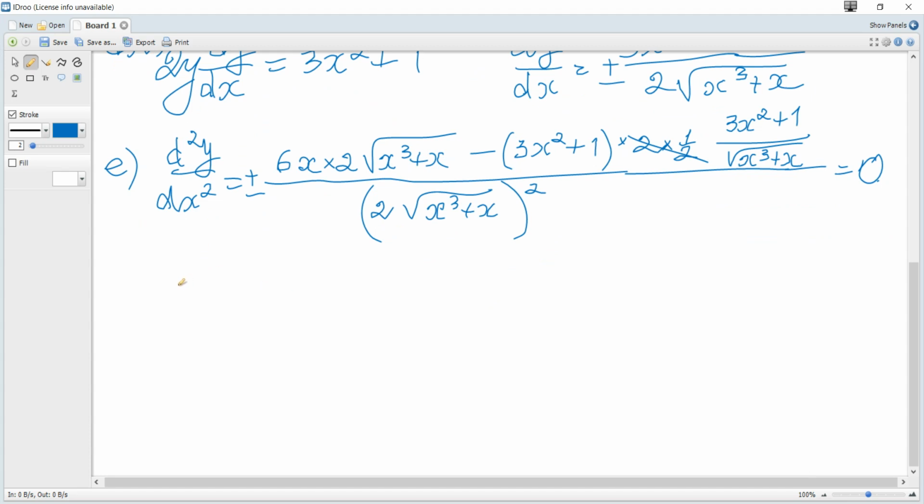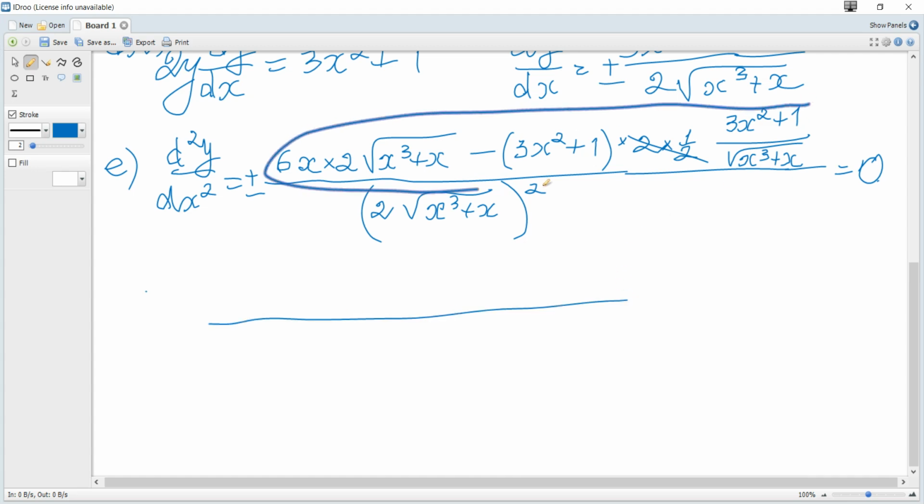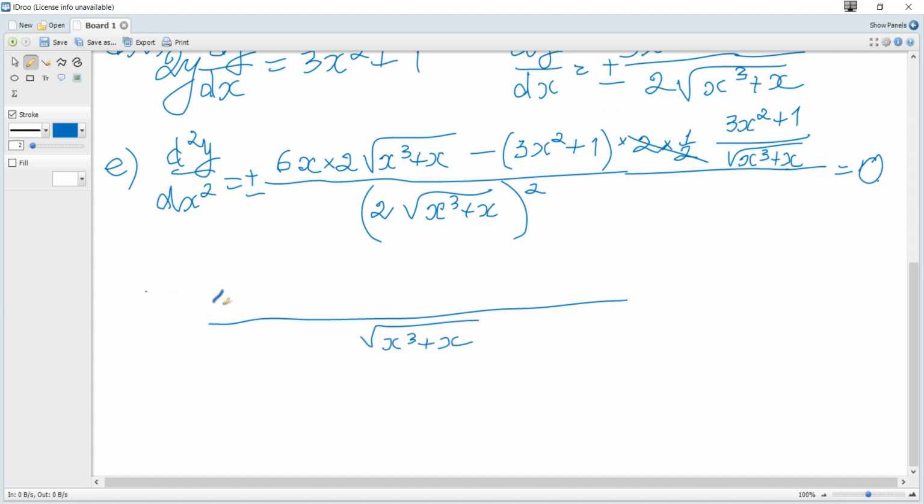to be equal to 0. We can make a common denominator of this numerator, which will be square root of x cubed plus x, so it becomes 12x, and square root multiplied by square root becomes just x cubed plus x, minus 3x squared plus 1 multiplied by 3x squared plus 1, or just squared, is equal to 0.